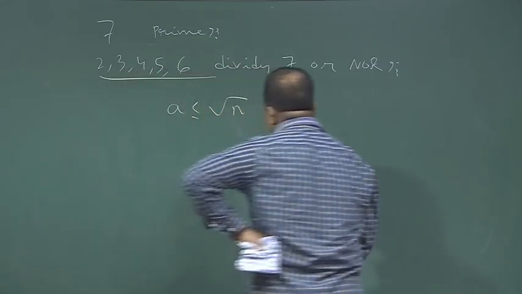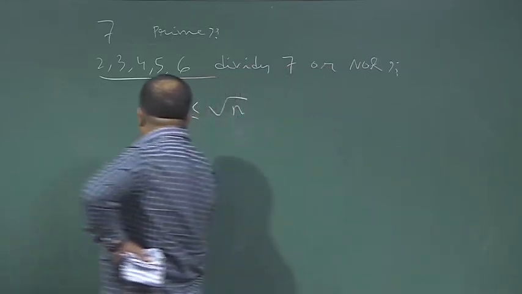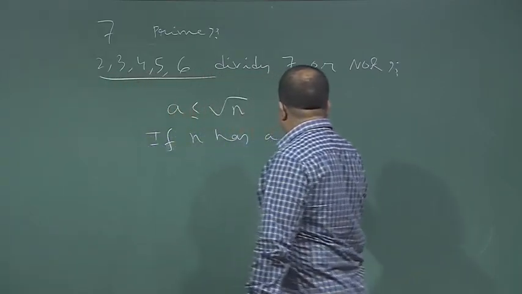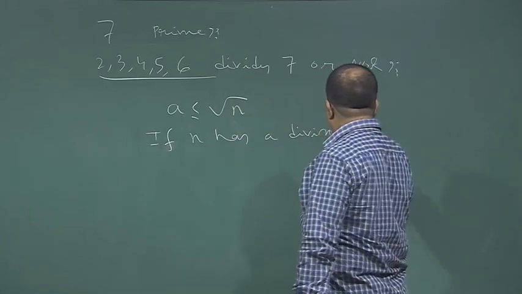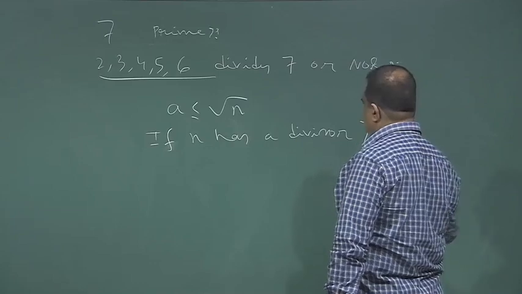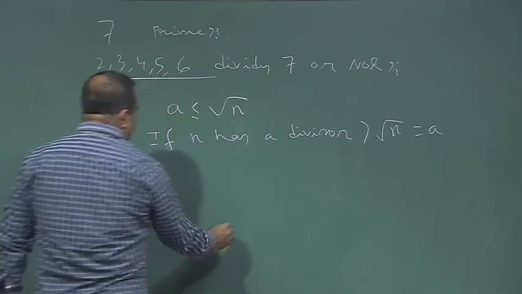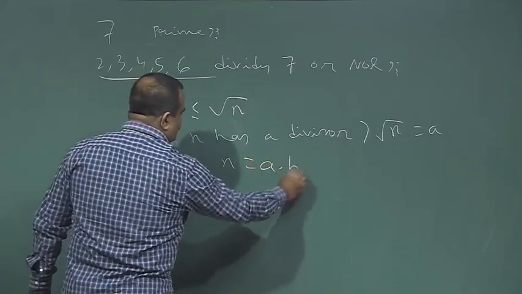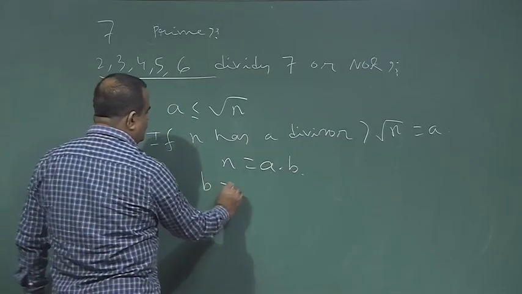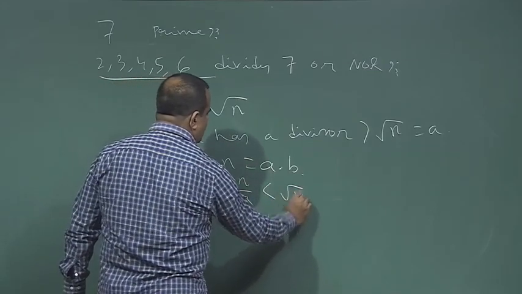Because if n has a divisor a greater than the square root of n, then n can be written as a times b, where a is a divisor and b is another factor. Then b is equal to n by a, and b must be less than the square root of n.